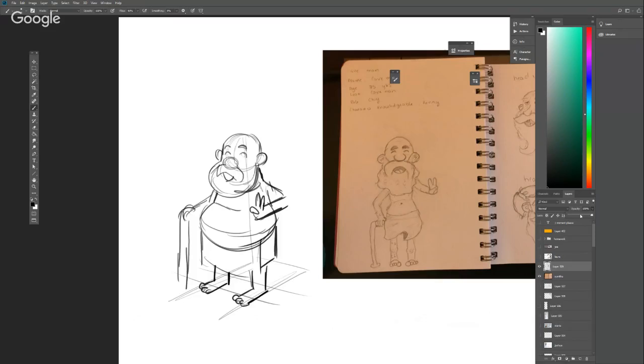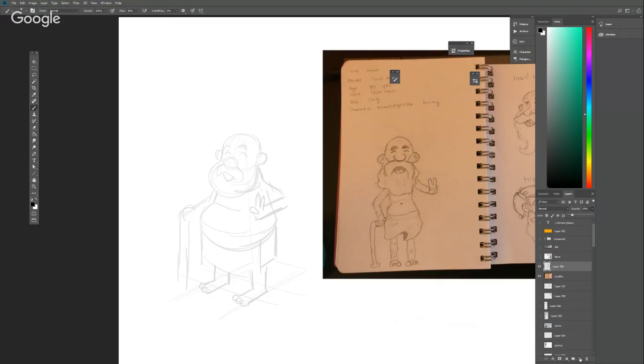So let's turn this one. Try to think in these shapes. That will be your assignment for next week then. Try to draw your character in a 3/4 perspective.